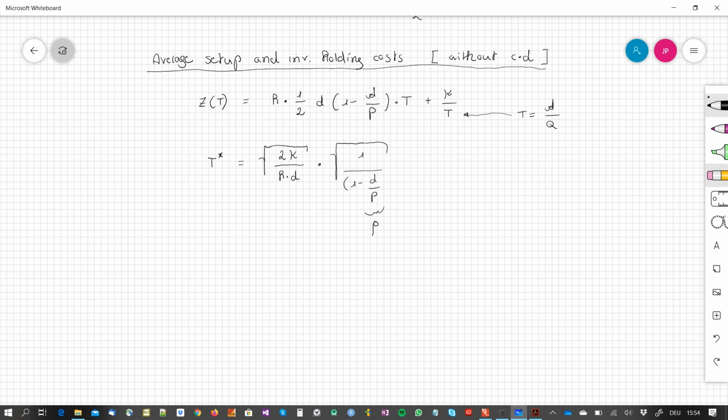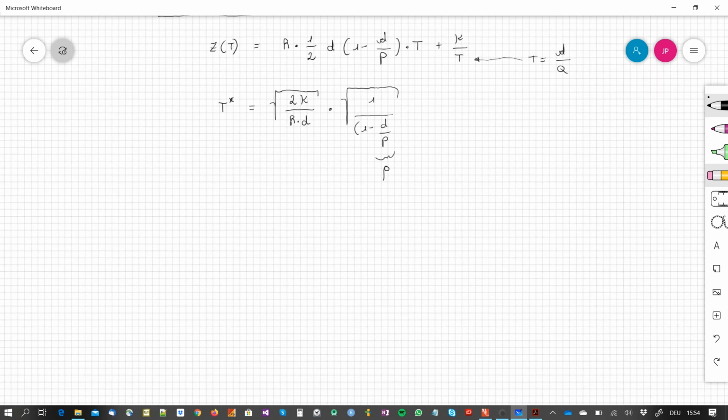Yeah, and now we want also the optimal reorder quantity, so the Q star. We recall that this is D multiplied by the optimal cycle length.